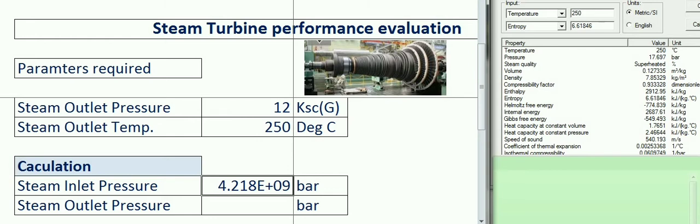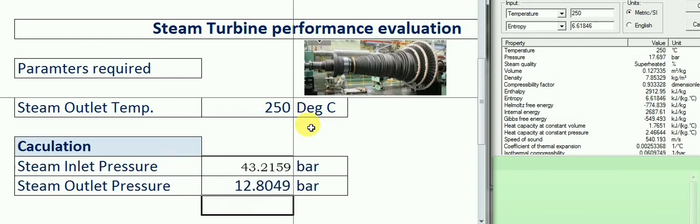Our unit conversion is kg per centimeter square into 9.81 into 10 power of 4 for centimeter square to meter square conversion, divided by 10 power of 5 for bar, plus 1.0329 for absolute. The same thing we can do for our outlet pressure also, which gives 12.8049.